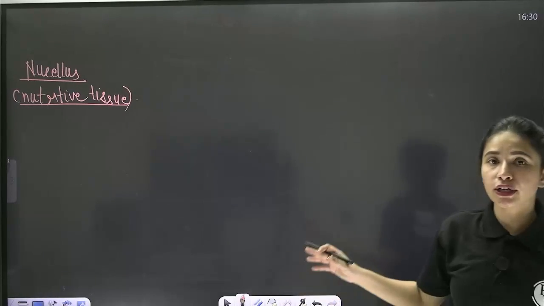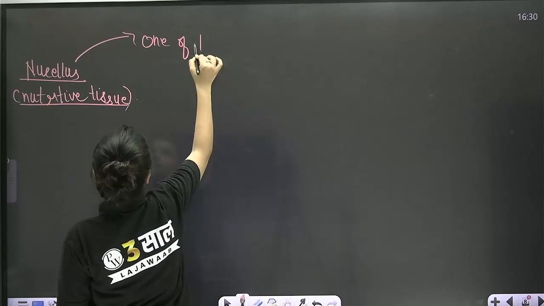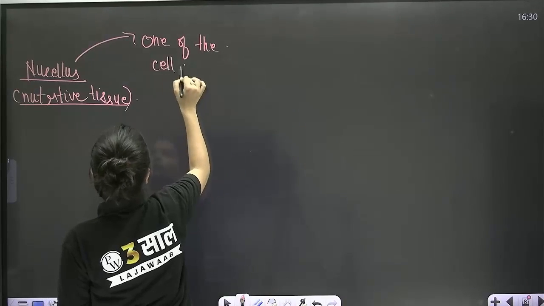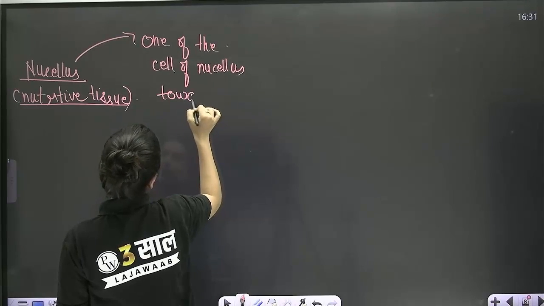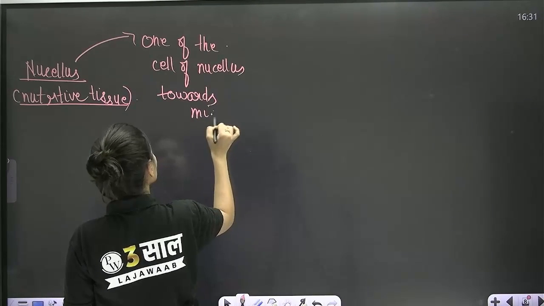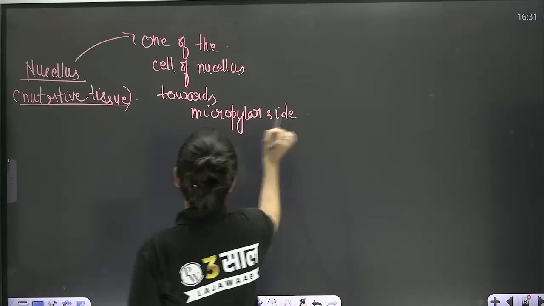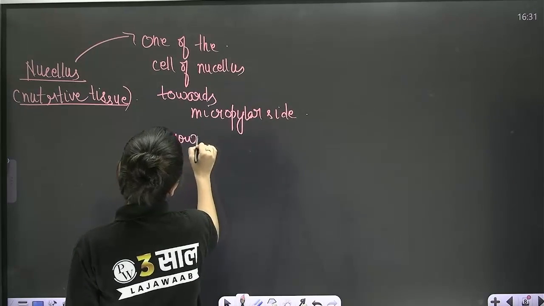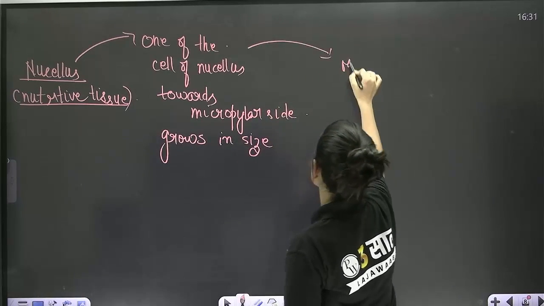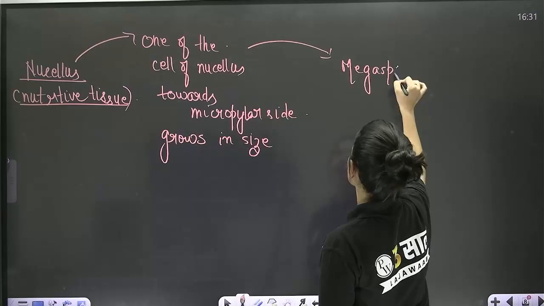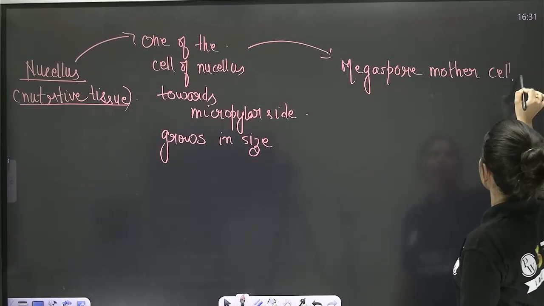Now one of the cells of nucellus towards the micropylar side grows in size and becomes megaspore mother cell, right?